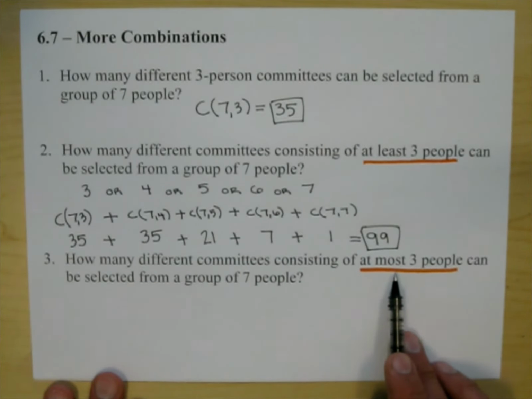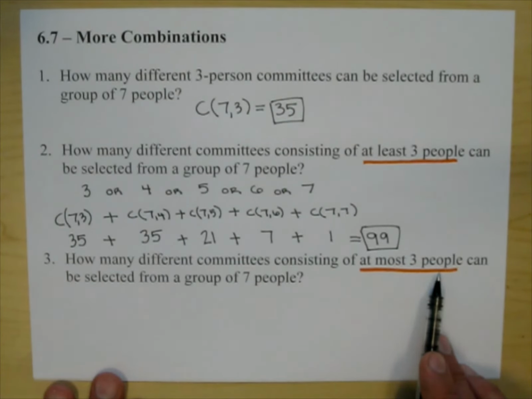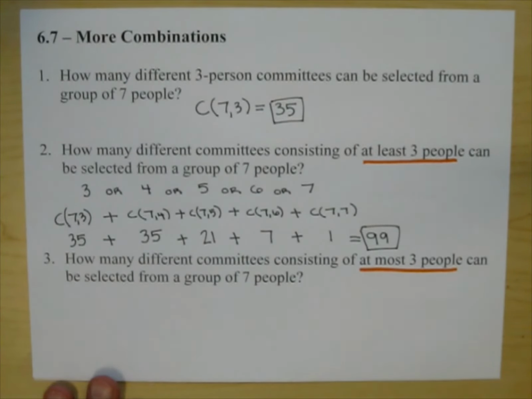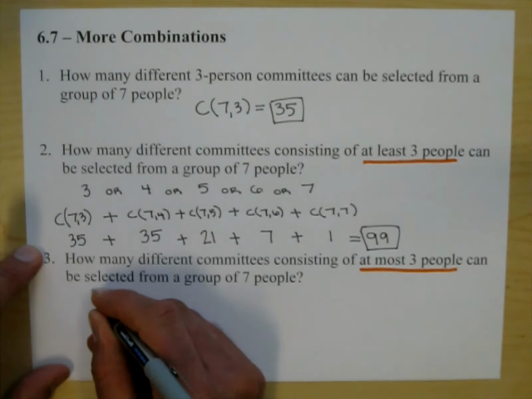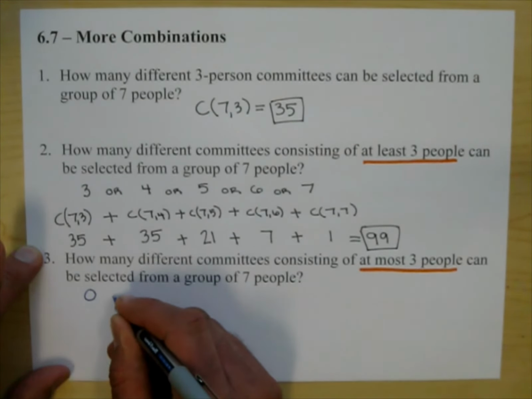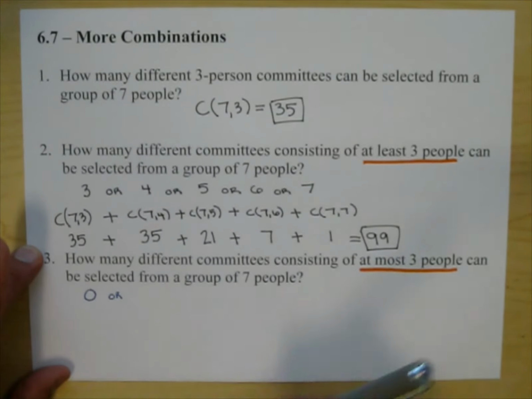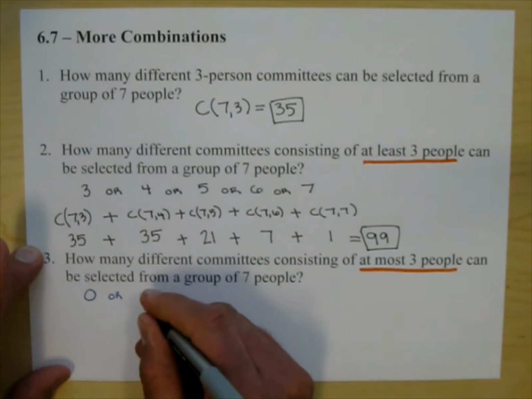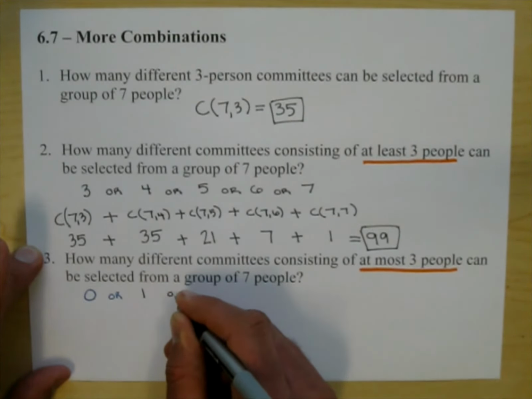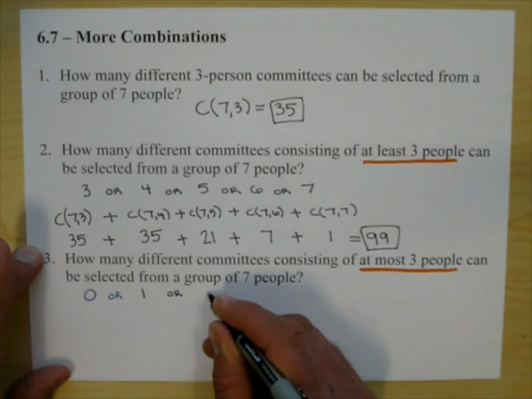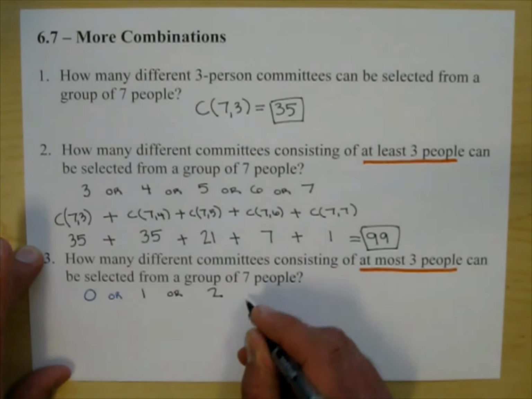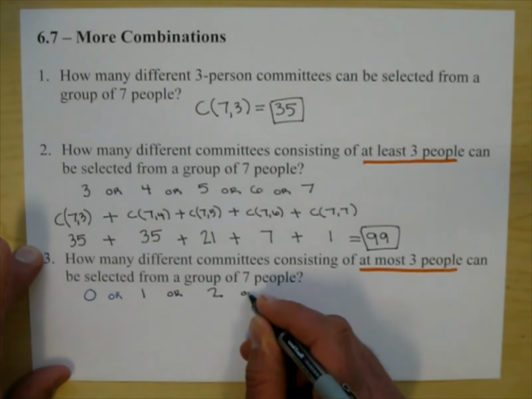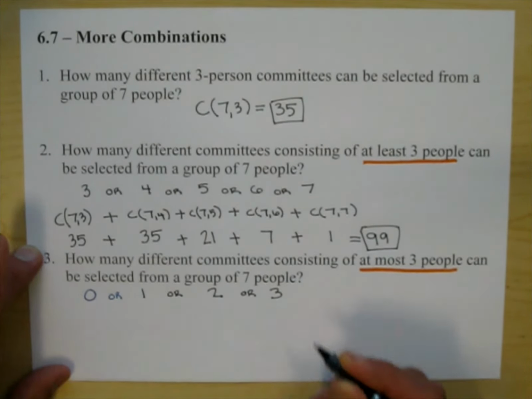So at most 3 people is 3 people or less. So I can have 0 people or 1 person or 2 people or 3 people.